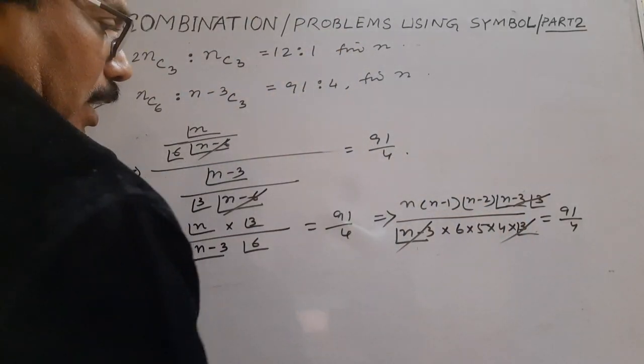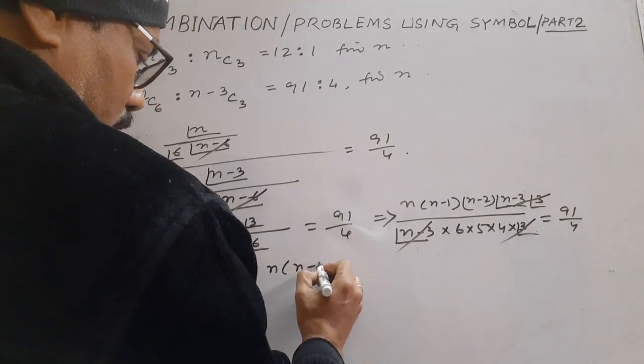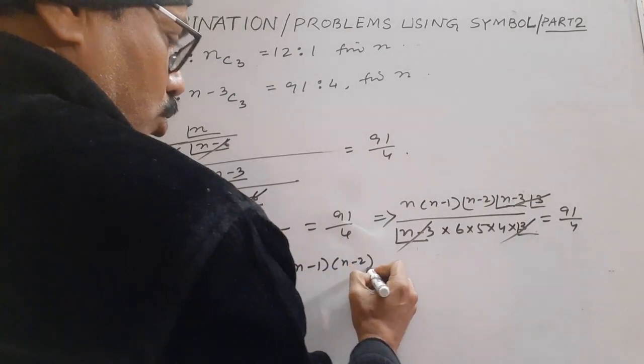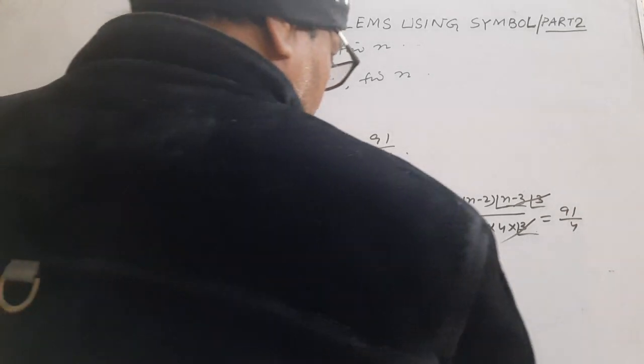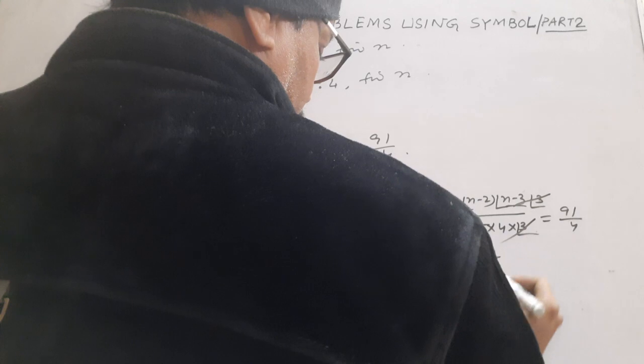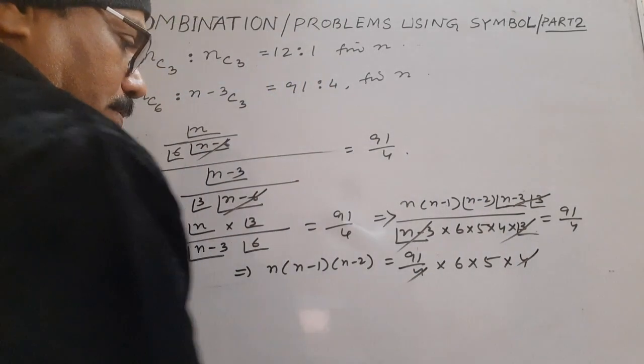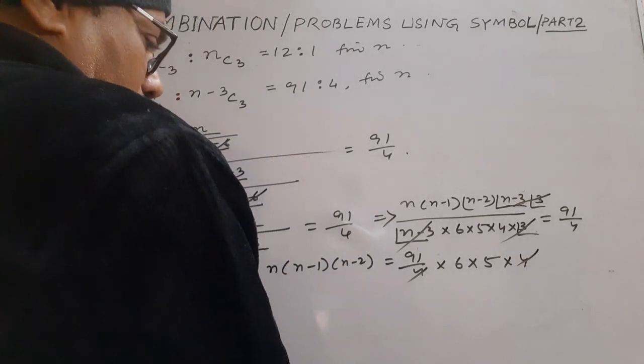So what are we getting? n into n minus 1 into n minus 2 equals 91/4 into 6 into 5 into 4. So 4 cancels.